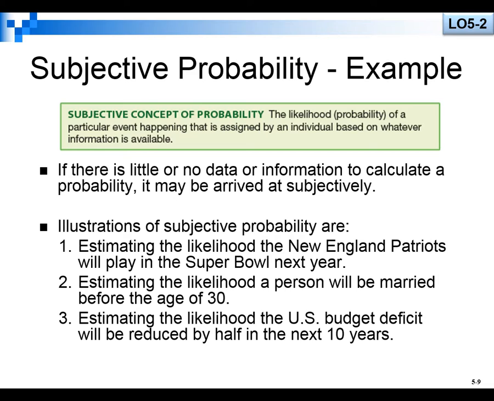Number 2, we could estimate the likelihood of a person being married before the age of 30. And this is a specific person, not just any person. If we were predicting for any person, we could just use the empirical probability, take all the people that were married before 30, divided by the total number of people that are 30, and figure that out.